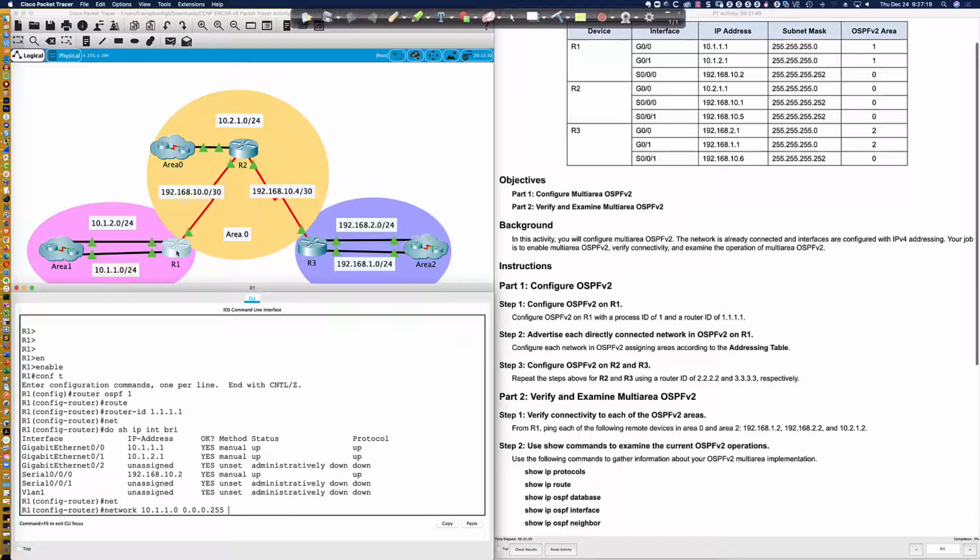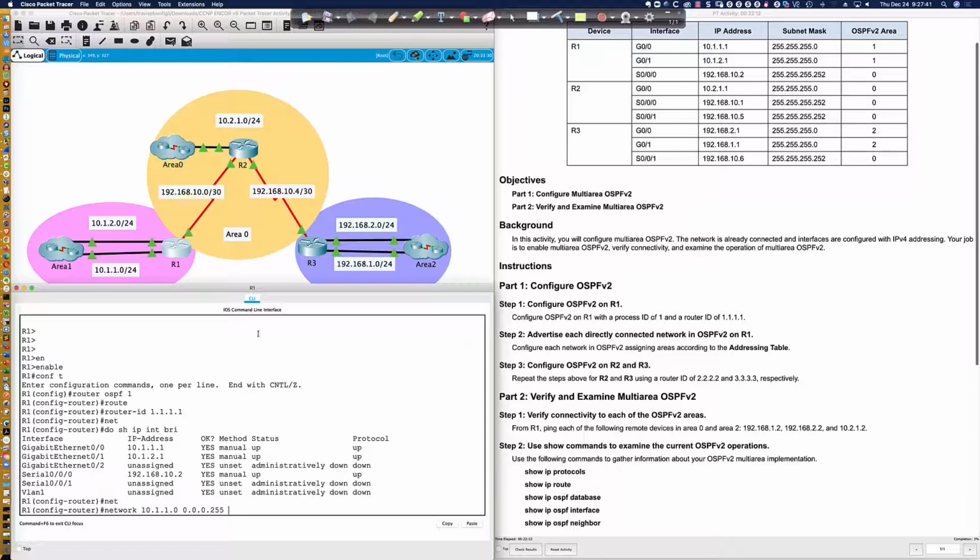I'm sorry, ABR, area border router. I was thinking to myself when I was going to introduce the ASBR, but it's an ABR. So by definition, it has an interface in area 0 and at least one interface in another non-area 0 area. That is your area border router.